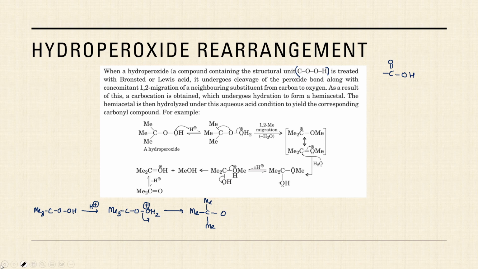So what we do is we show a concerted step, मतलब एक स्टेप में बॉन्ड का टूटना, एक स्टेप में बॉन्ड का मूव करना, हम दोनों दिखाएंगे। So this is positive. If this goes out, then one of these methyls will come over here. 1, 2. Clear? And we will end up getting MeC positive, MeOMe.